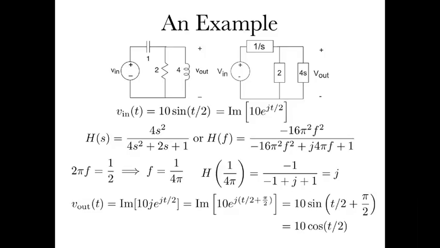Now we get to figure out what the output is. So, I'm going to think about our sinusoid as being the imaginary part, since it's a sine wave, probably makes it easier, as 10 e to the jt over 2. Well, we know that the output is going to be the imaginary part of 10j e to the jt over 2, where j is that transfer function evaluated at the frequency of the source.